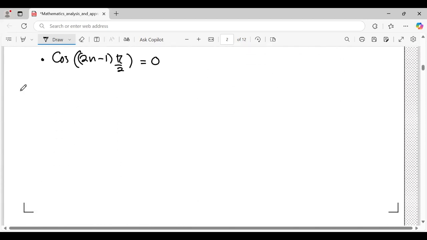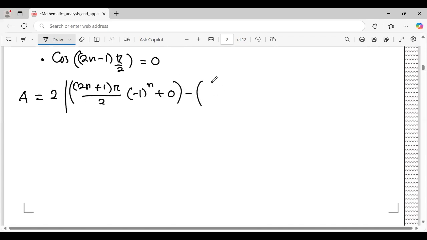So we can write A equal to 2 times 2n plus 1 pi half times minus 1 power n plus 0, minus 2n minus 1 pi half times minus 1 power n plus 1 plus 0. And yeah, it becomes 0, it is 0, 2.